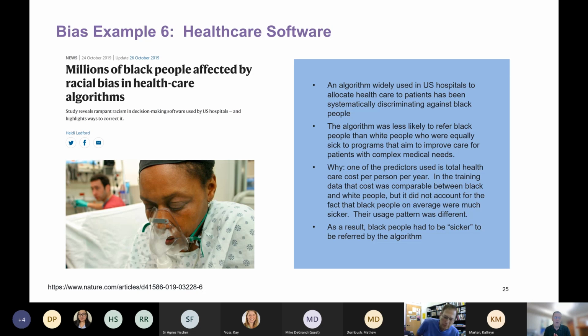So to get the same level of care assigned, Black people actually had to be sicker in order to be referred by the algorithm. So another example where underlying data may have correlations that are not properly discovered. The algorithm is programmed with that data, and voila, we have a biased algorithm.